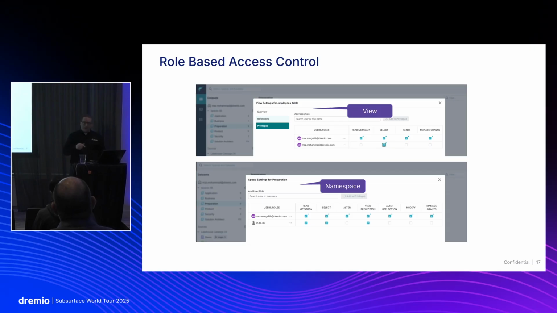Also, best practice is to be accustomed to using the sys.privileges system table, because those privileges are going to be available to you in that system table. If you need to audit, for example, you can use that sys.privileges table in order to see that. Any questions?